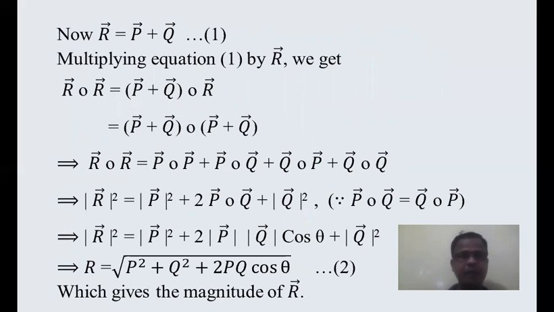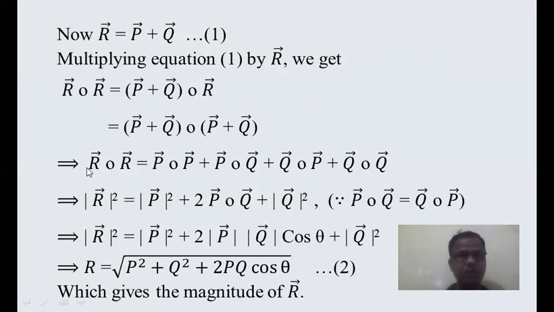Here we multiply equation 1, which is vector R equal to vector P plus vector Q, by vector R. Then we get vector R dot vector R is equal to vector P plus Q dot vector R, which is the dot product of vector P plus Q with vector P plus Q, as in equation 1.